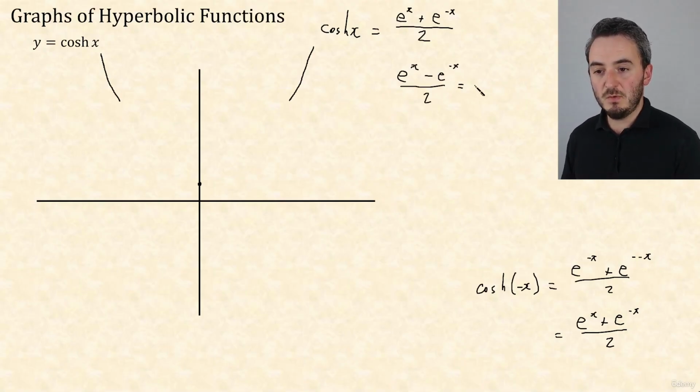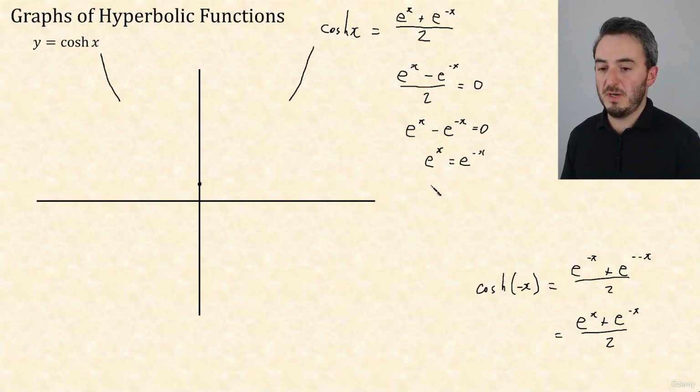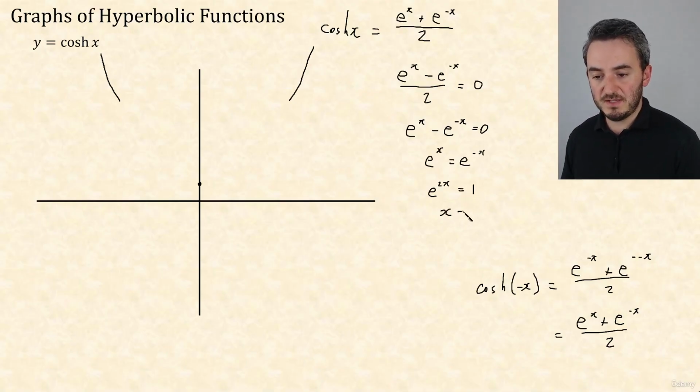Setting that equal to 0 and multiplying through by 2, we get e to the x minus e to the minus x equals 0. That means e to the x equals e to the minus x. Multiplying through by e to the x, we get e to the 2x equals 1, and therefore x has to be 0. So there is just a single stationary point, and it's here.